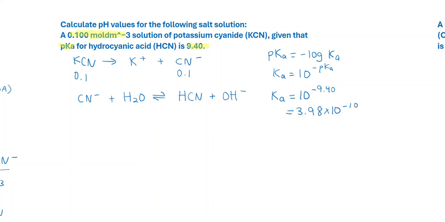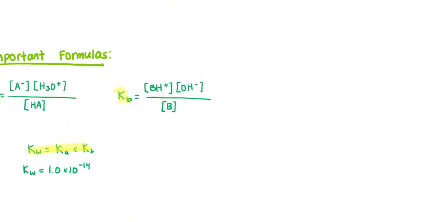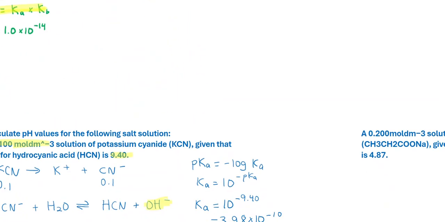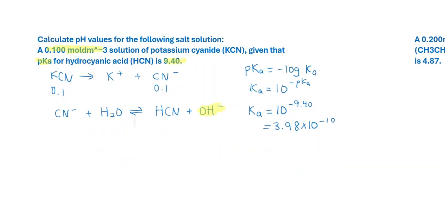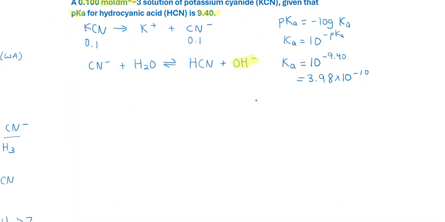Now we're not done yet, because if we look here, this is going to make OH. So if you look back to the formula, we have an OH here. So we actually need Kb, but here we have Ka, and this is where we use the formula over here. So this is really simple. Kw equals Ka times Kb.